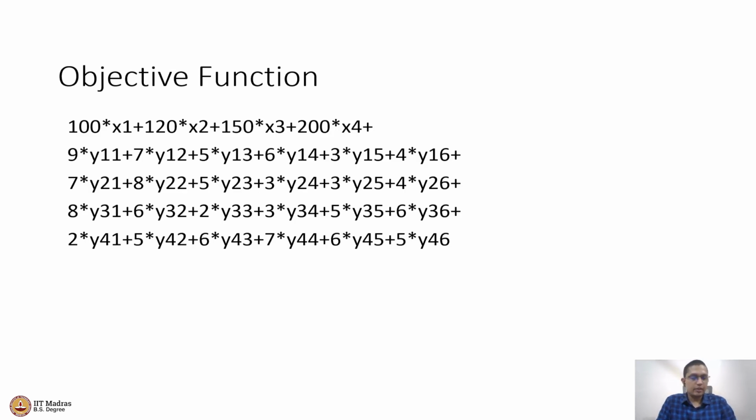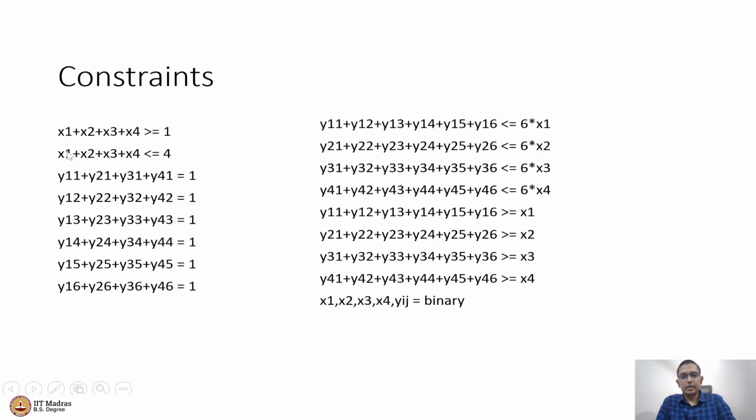Then comes the objective function. So the first line of the objective function must be clear. So these are the fixed costs. If you build a facility at location 1, it will cost 100 units for ABC. At the second location, it is 120. At the third location, it is 150 and 200 at the fourth location. Then we saw a pricing matrix.